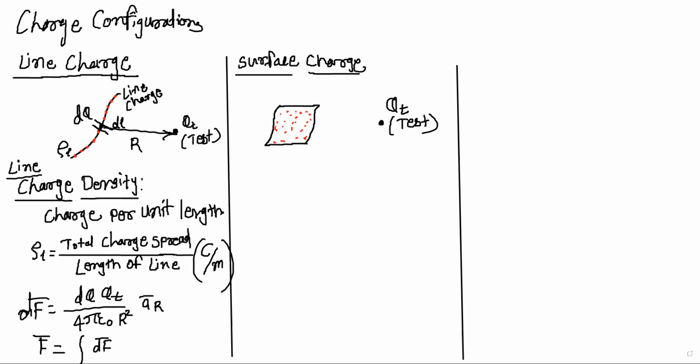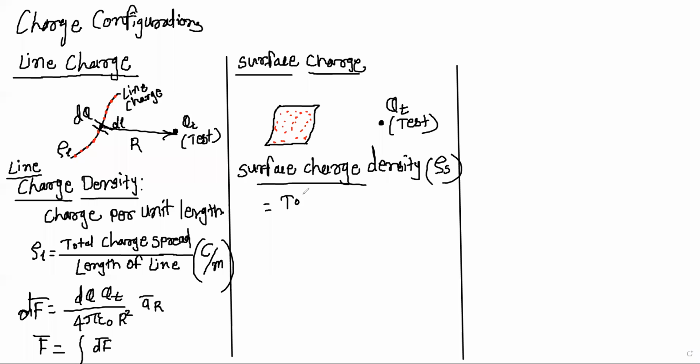Right? In that case, one more density would be there, that is called as a surface charge density, which is denoted by rho s. And this surface charge density is defined as total charge spread divided by, can someone tell?